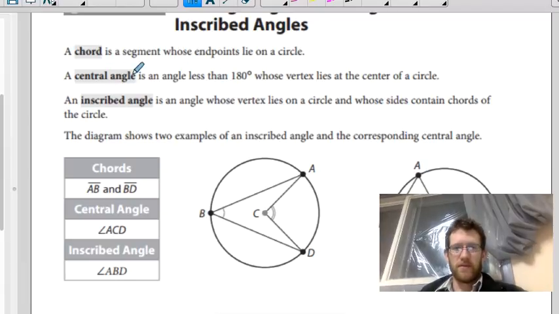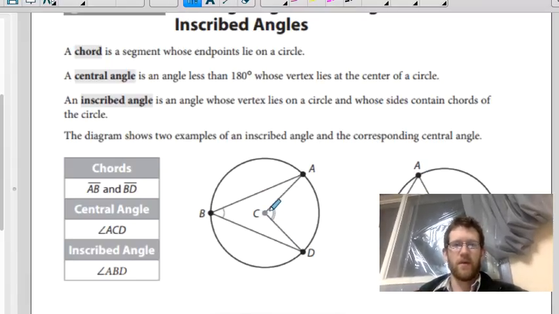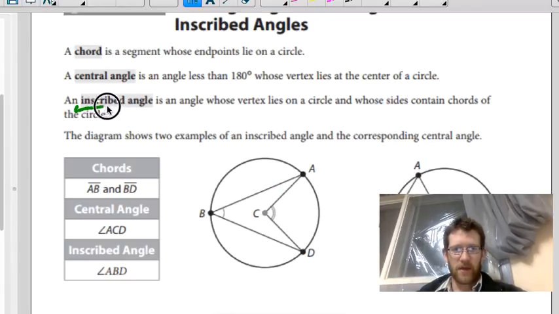The central angles are the angles we've seen so far, and they're an angle with this middle vertex at the center C. And then an inscribed angle. So this is the one that we're really going to have to nail down, and we're going to use. An inscribed angle is an angle basically made with two chords that share a point.